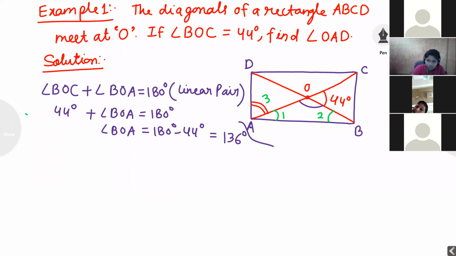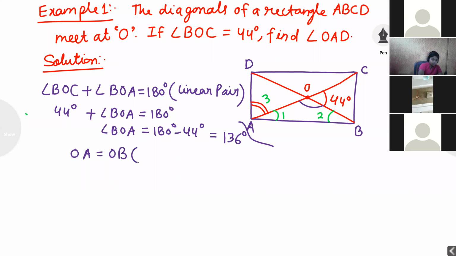And we know the property of a rectangle: diagonals are equal. I can say OA is equal to OC, OA is equal to OB. First note down, OA is equal to OB. Why?